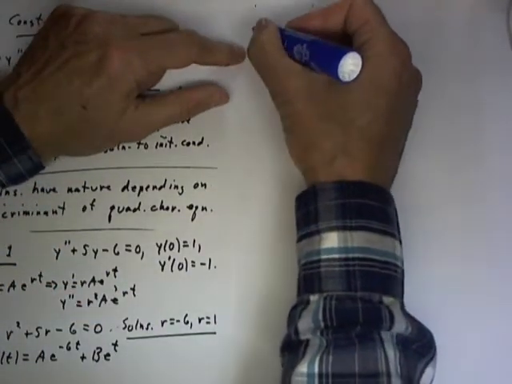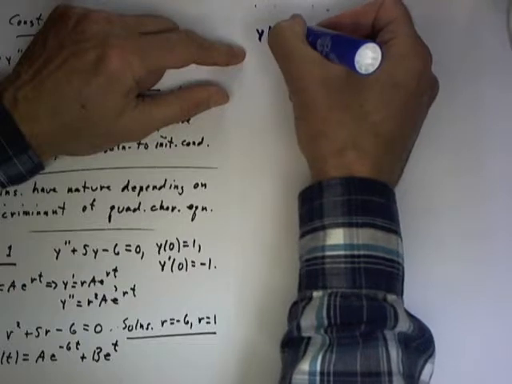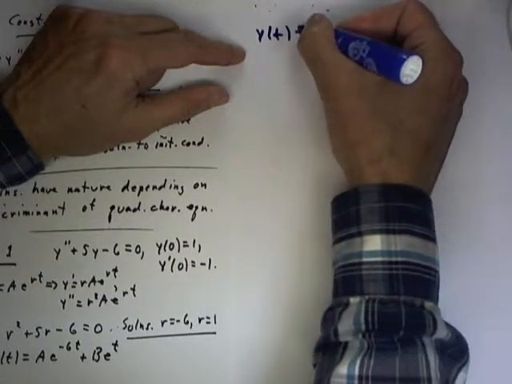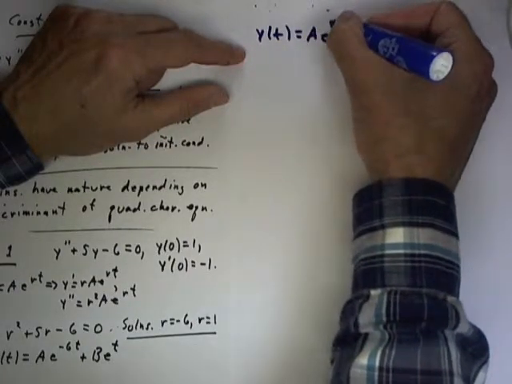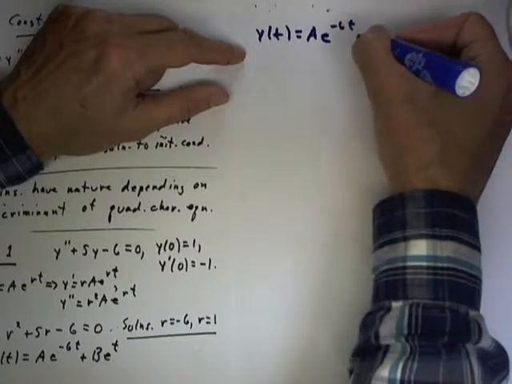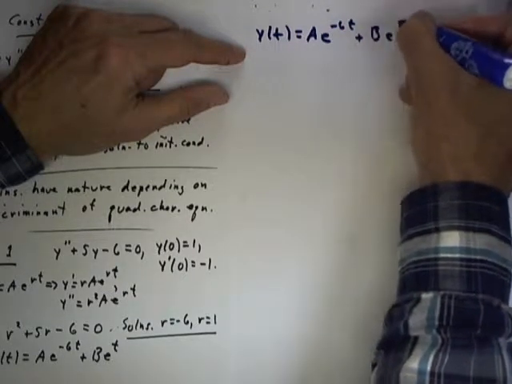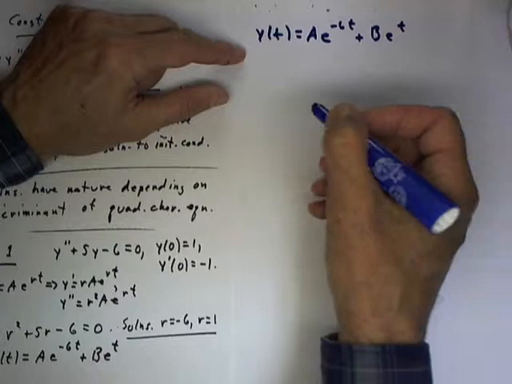Okay, we'll write that once more. y of t equals A e to the negative 6t plus B e to the t.